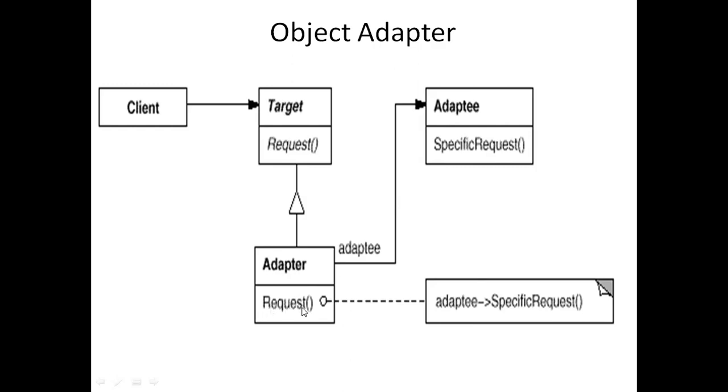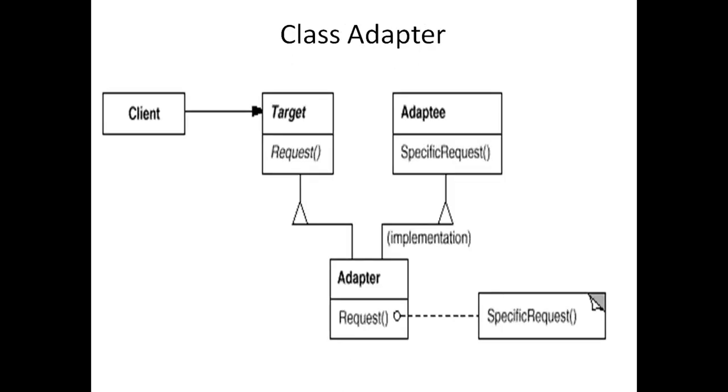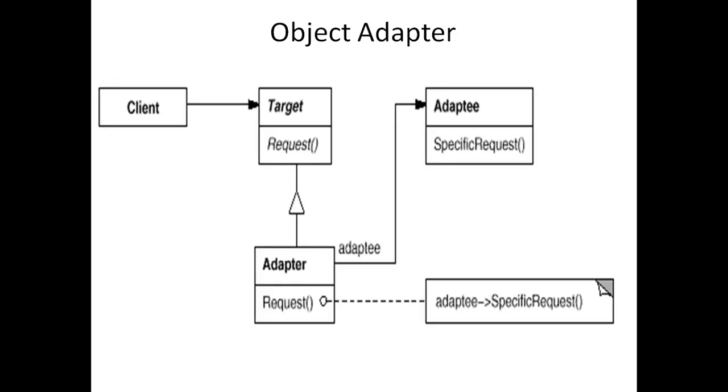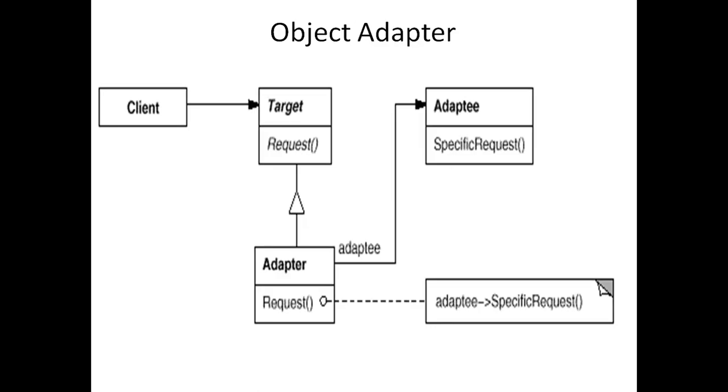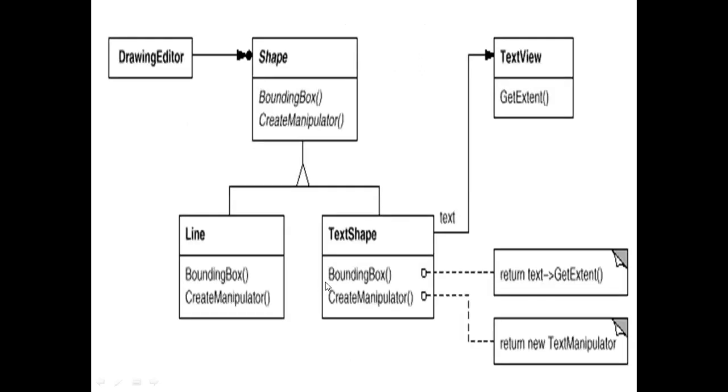This is the basic difference between class adapter and object adapter. Class adapter uses inheritance from the adoptee, but in the object adapter it uses the adoptee methods using the object, calling it at runtime. The example here we will see for an object adapter with a shape as the base class.